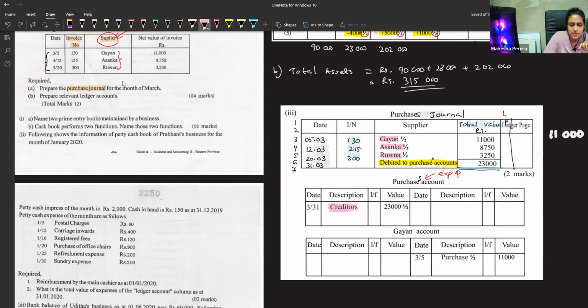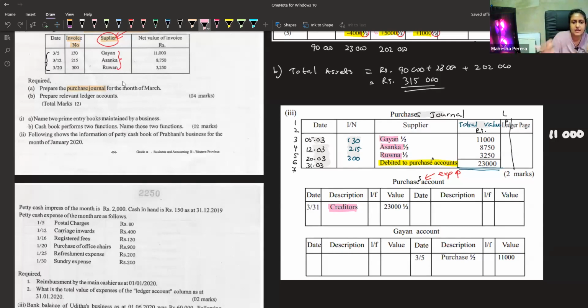And you do the other part of the double entry in these creditors accounts. So you normally write here creditors in plural, because there are 3 creditors. In the description we always write the name of the other account when writing a double entry.